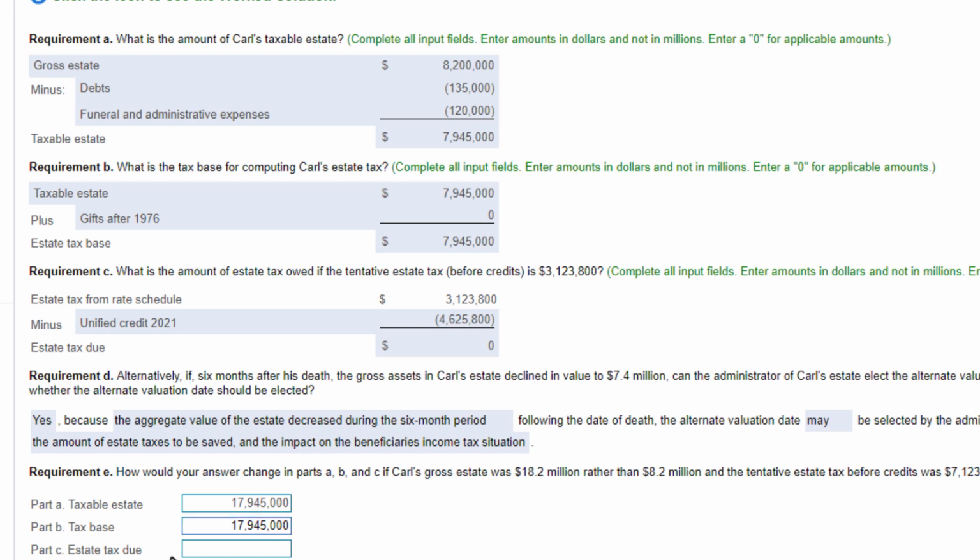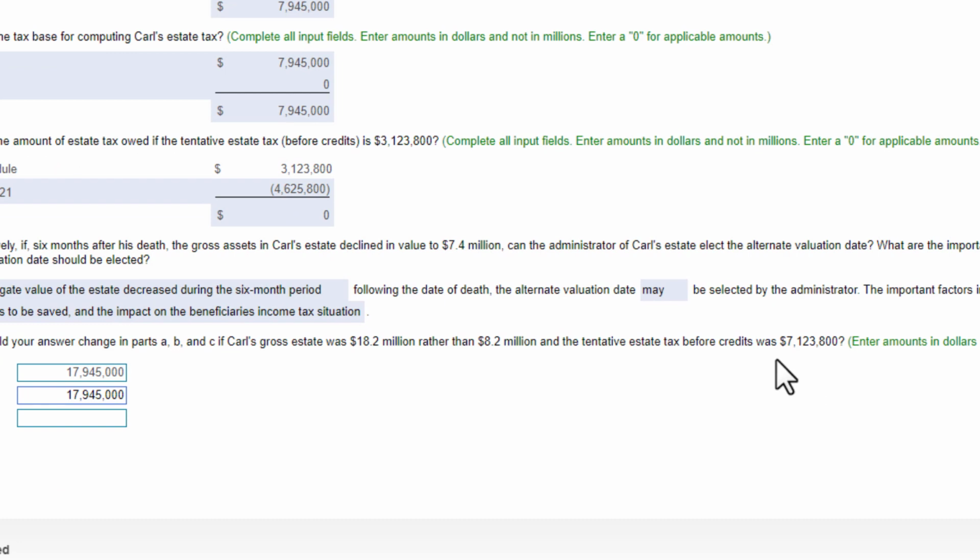The question becomes, what is the estate tax that's due? So this part of the problem actually saved you a little bit of work. Instead of having to work your way back down to figure out what this estate tax would be, the problem's given it to you: $7,123,800 instead of $3,123,800.